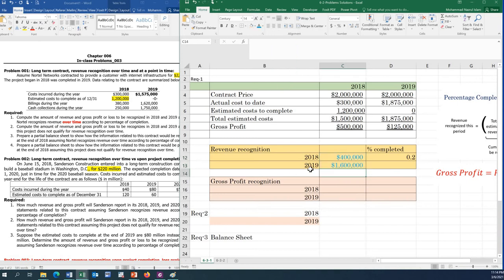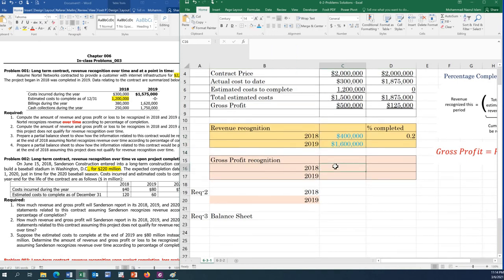Okay, and how about the gross profit? The gross profit would be equal to the revenue in 2018, say 400,000, minus the cost to date of 300,000, so 100,000.